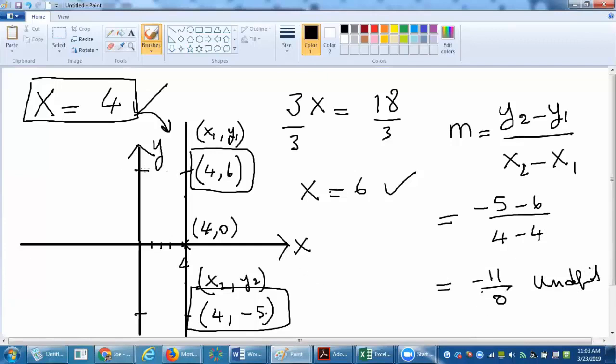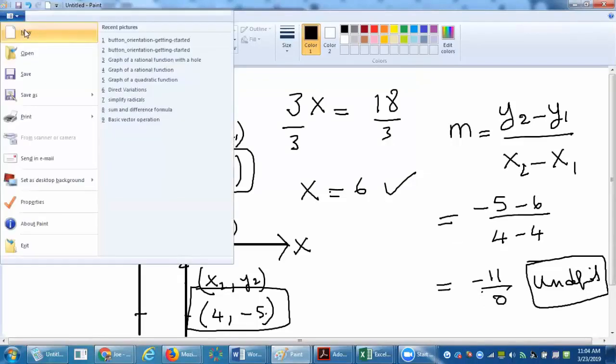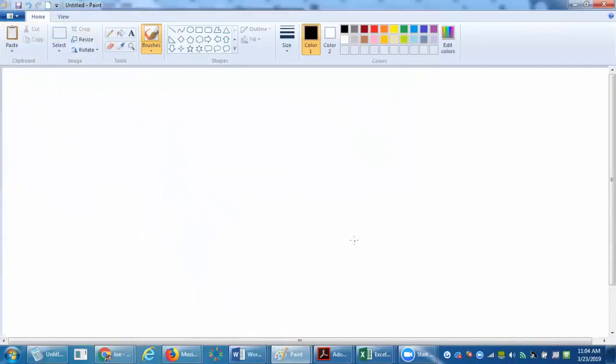Okay, so let's remember x equals a constant is a vertical line, and this vertical line has a slope that is undefined. Let's do an example on a horizontal line where y equals, let's say, -4.